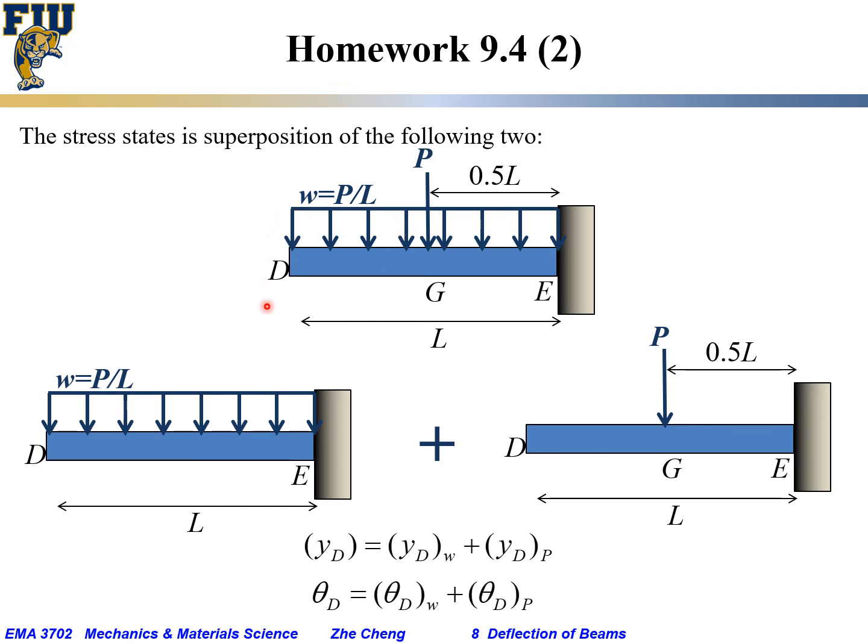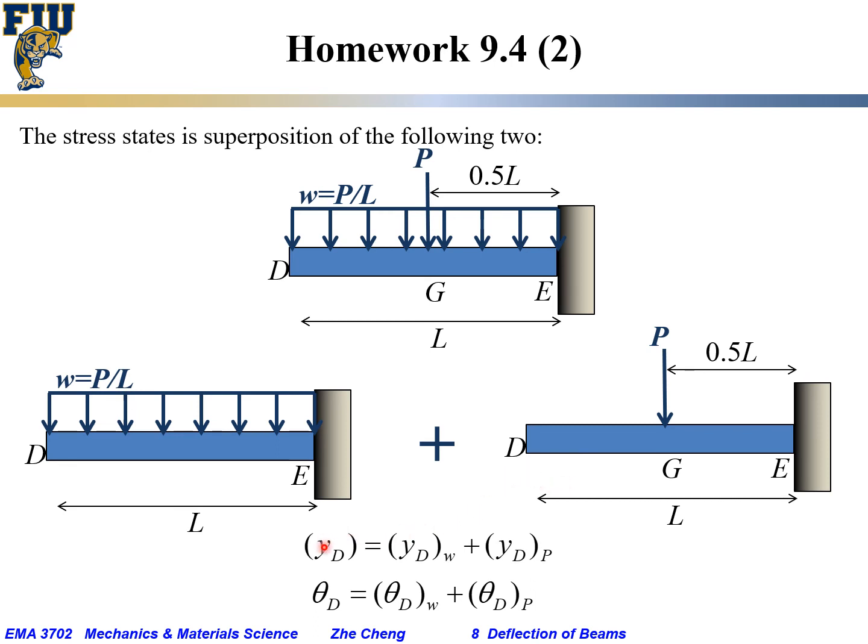So this combined state would be the superposition of two simple loading scenarios. One is just the cantilever beam with a uniformly distributed load. The other one would just be a cantilever beam with a concentrated load applied at the center, and the rest is free. For the rest, you can treat this section as straight.